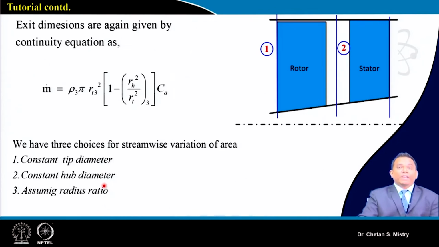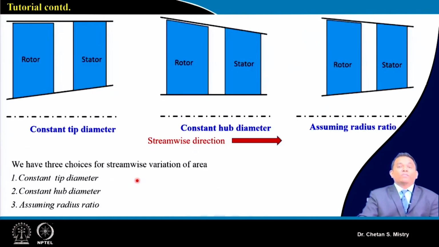So, we need to be very careful in understanding here. Let us look at what we are looking for. When we have a constant tip diameter configuration, this is my tip, which is constant. Along the streamwise direction, my hub radius is going to increase.